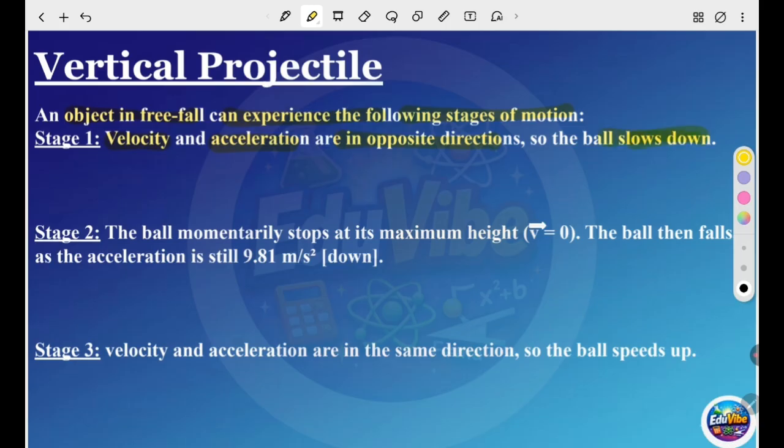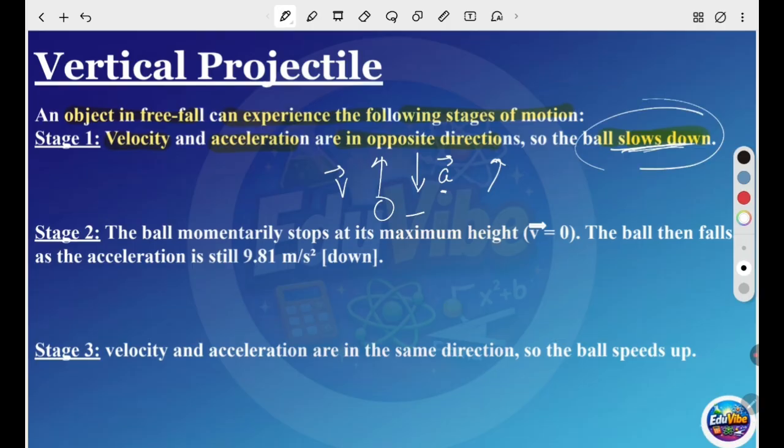If the ball goes upward with some velocity, but the acceleration goes in the opposite direction, the ball slows down.